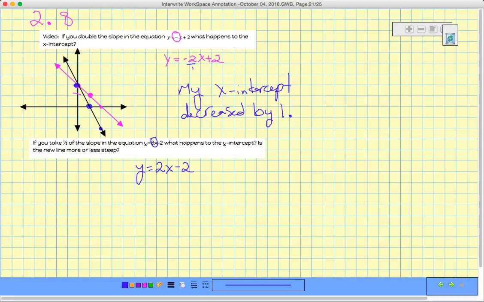Okay. So now when I consider the graph of both, my first line starts at negative 2 and goes up 6. 1, 2, 3, 4, 5, 6 over 1.